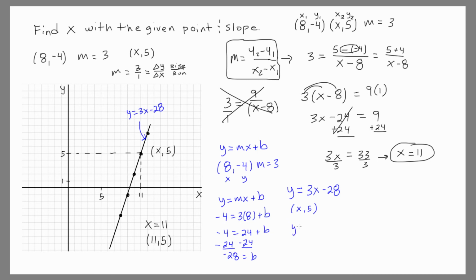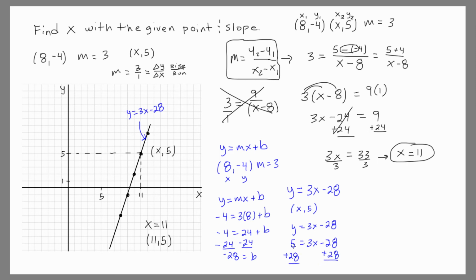So y equals 3x minus 28. I know what y is. It's 5 equals 3x minus 28. Now I can find what x is. So I add 28, I add 28, right?